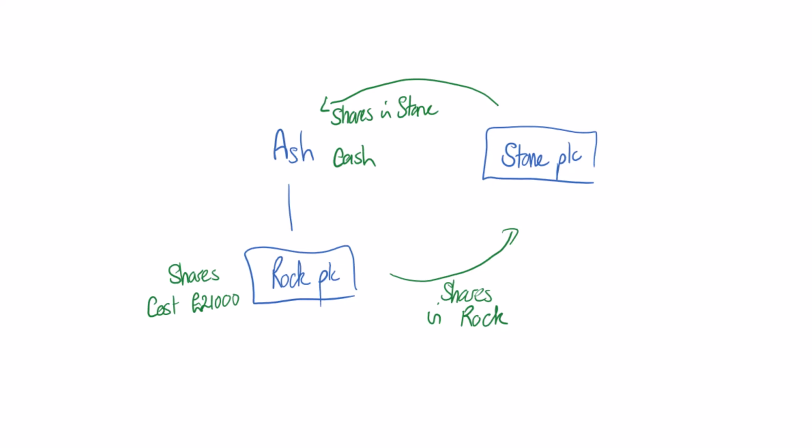So Ash has disposed of the shares in Rock and has received a mixture of shares and cash, and we need the values of those. The shares have a market value of £1.80 each, so that's a total value of £45,000, and the cash is £18,000. So basically, it's as if Ash has sold her shares in Rock for a total of £63,000.